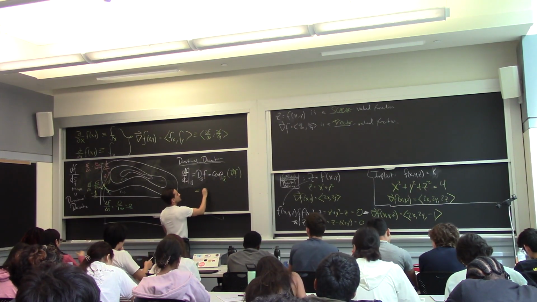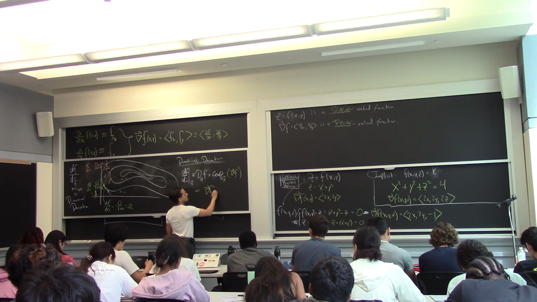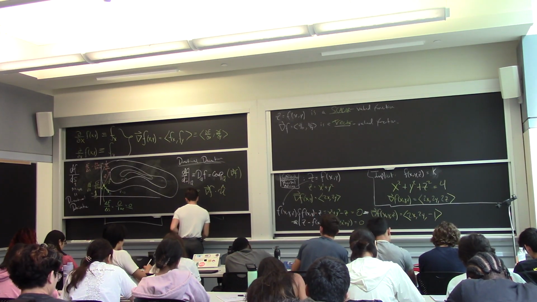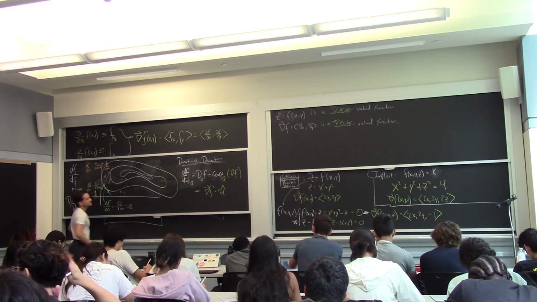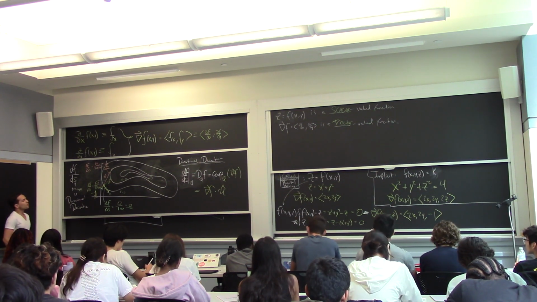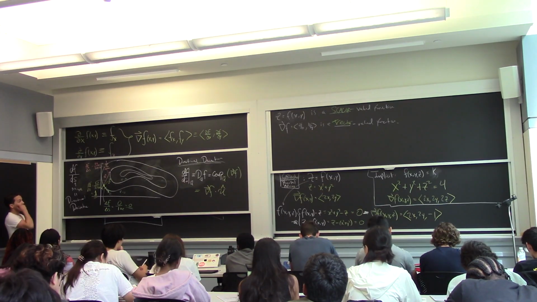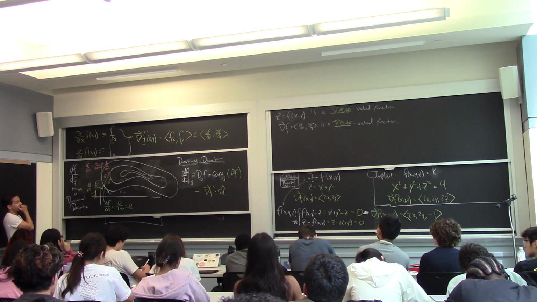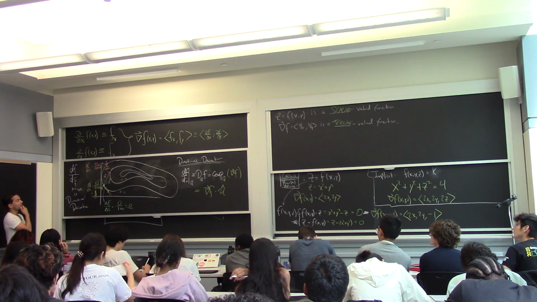That is to say, it is the gradient of f dotted with u hat. Why is it in the direction of u? I think I have to do a derivation for that one. So hang tight.